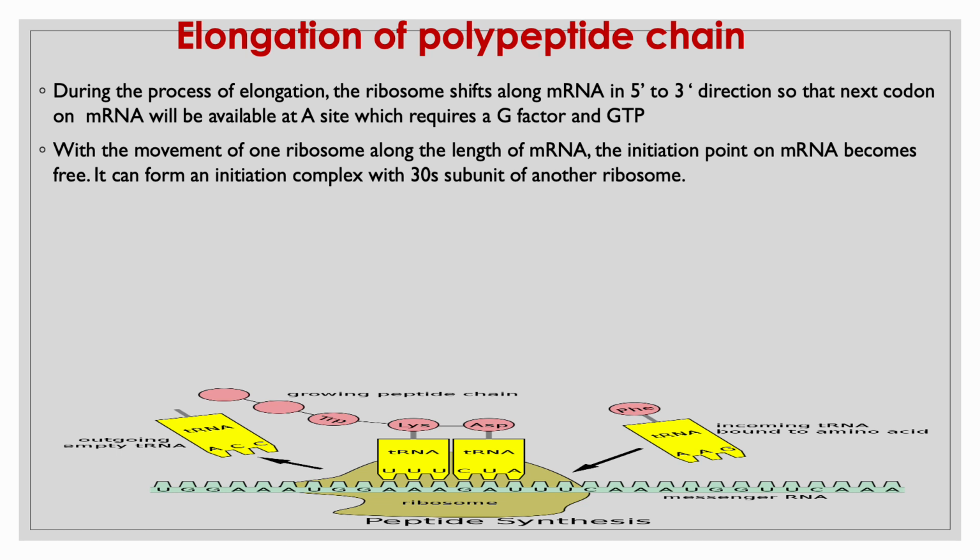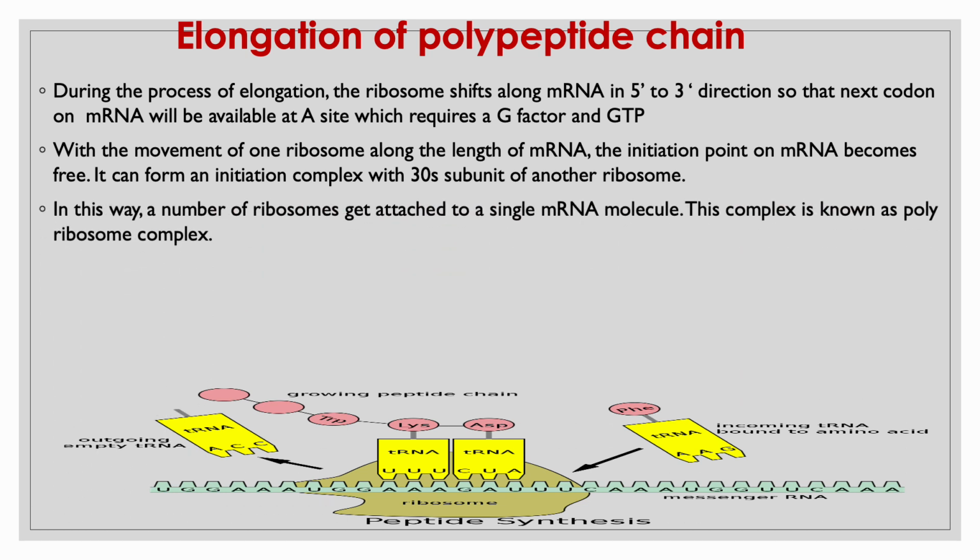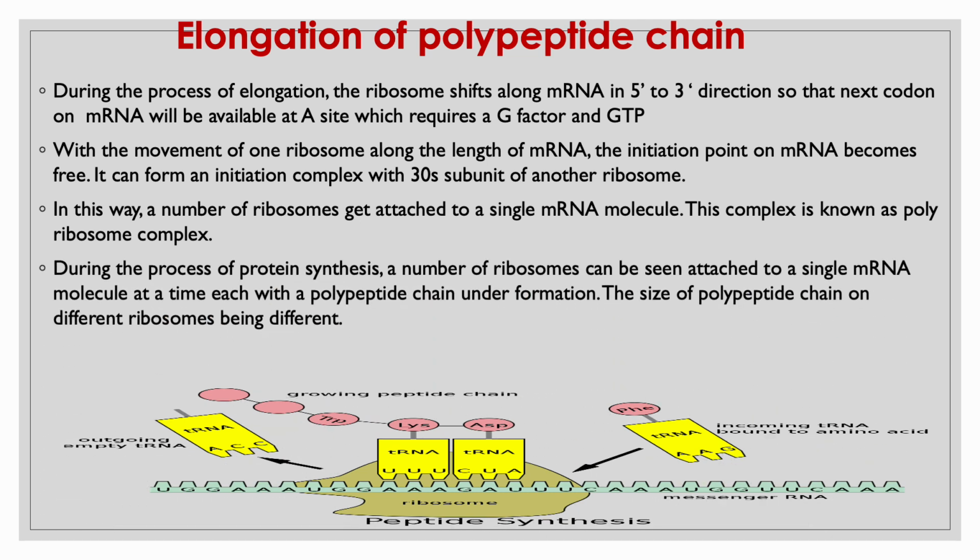With the movement of one ribosome along the length of mRNA, the initiation point on mRNA becomes free. It can form an initiation complex with the 30S subunit of another ribosome. In this way, a number of ribosomes get attached to a single mRNA molecule. This complex is known as polyribosome complex.